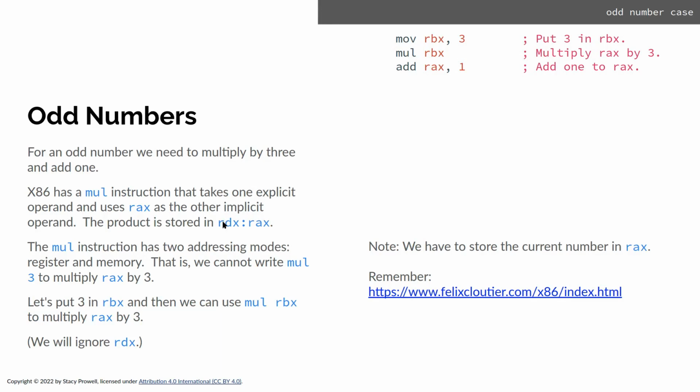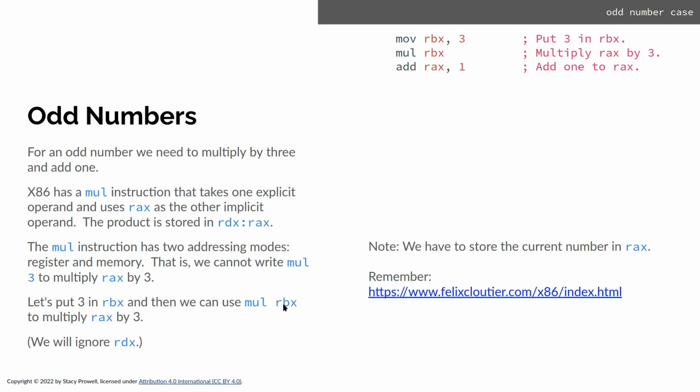So to make this work, we'll need to put a value in another register, because I can't just say mul 3. It won't work. I have to use another register with mul. So I have to put 3 in a register, like let's use RBX, and then I can say mul RBX.